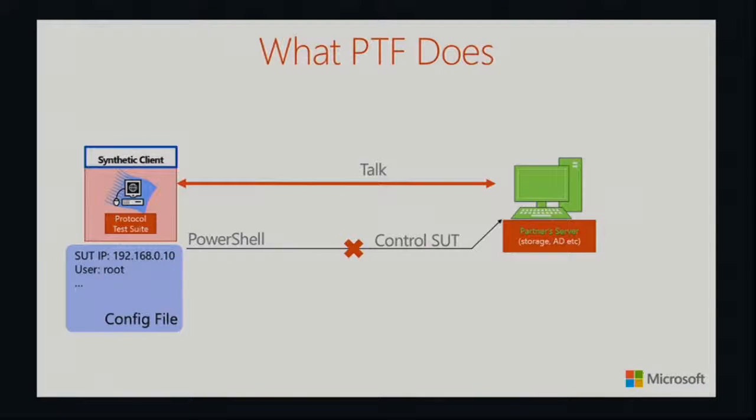We move the IP address and the username to the PTF config, and we also change the adapter from PowerShell to interactive, so you can manually configure the SUT, and then after you configure the SUT, you continue to run the automation.